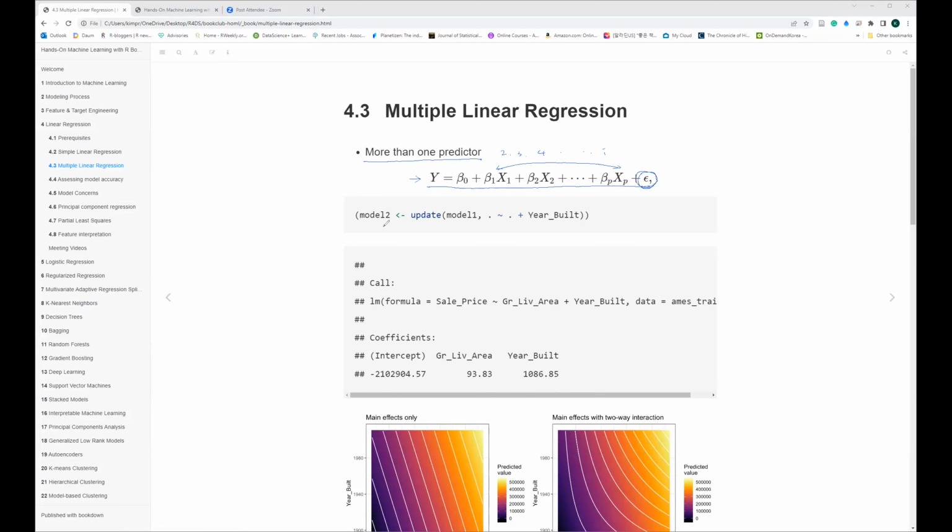So in the case of model 2, based on our current model 1, maybe we can add the year built variable, because year built is likely highly associated with the increase and decrease of the sales price. So maybe an old building will have a lower sales price, for example. That is not always true, but yeah, it can be possible. So based on those assumptions, we can get some of the coefficient relationships like this.